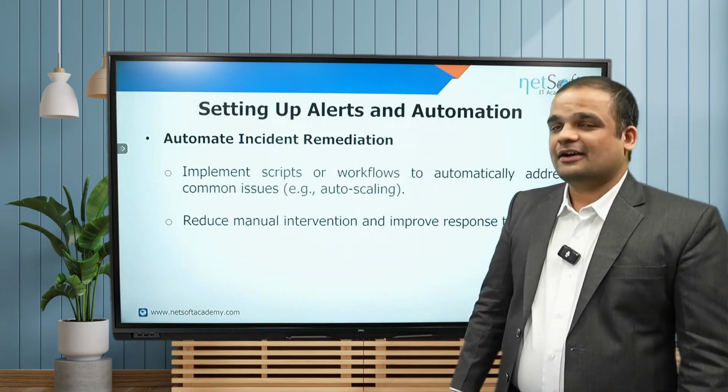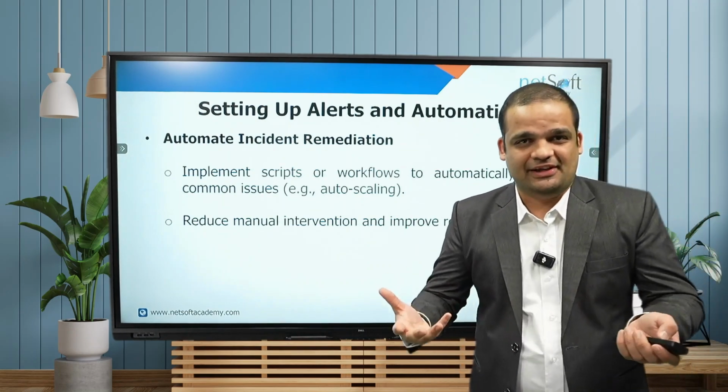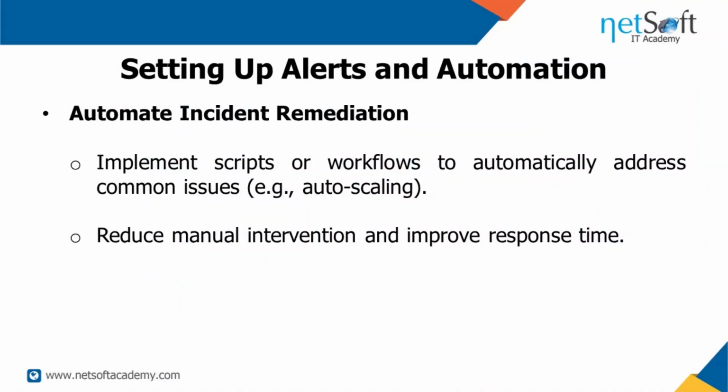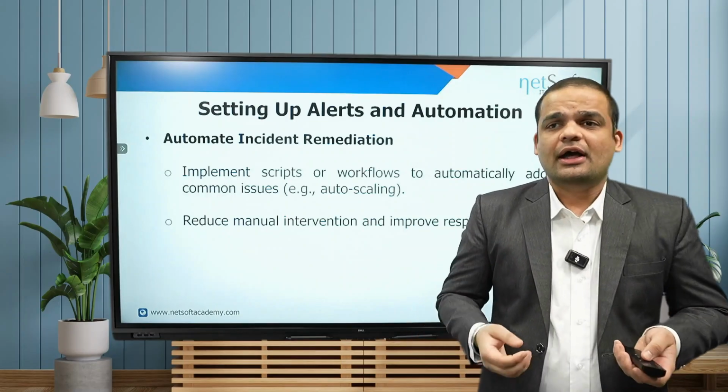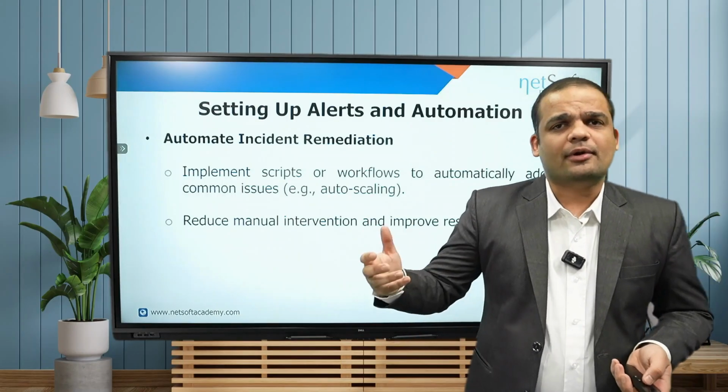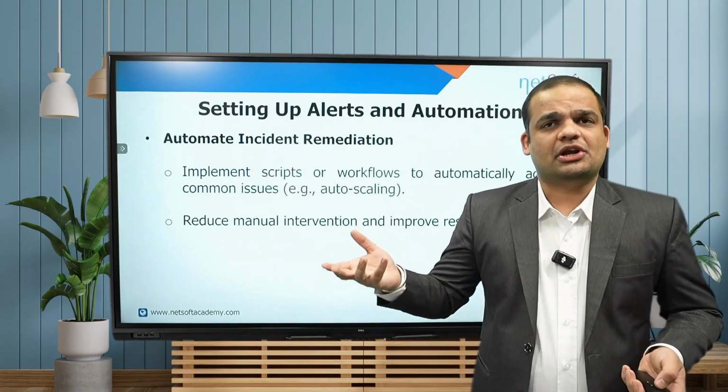Automate incident remediation, or create remedies, basically. Here you can implement scripts or runbooks or workflows to automatically address some common issues. For example, use autoscaling to add resources during traffic spikes, or restart an unresponsive VM or container.